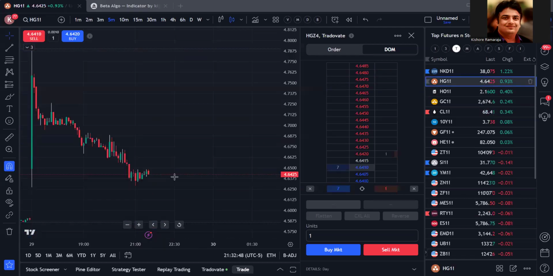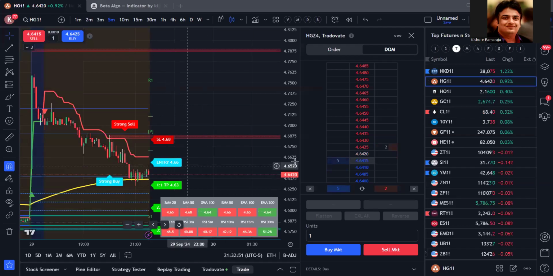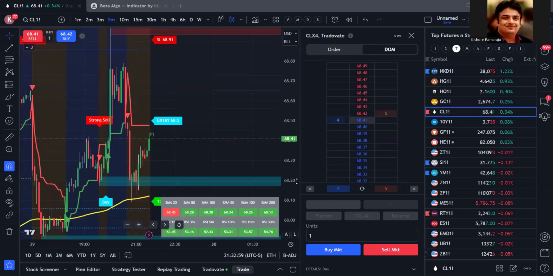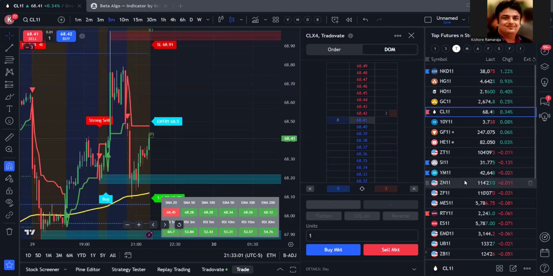For example, copper is a good one today. Most of the other tickers are in a range, so they will be choppy. Yes, and Q, all those are choppy today.